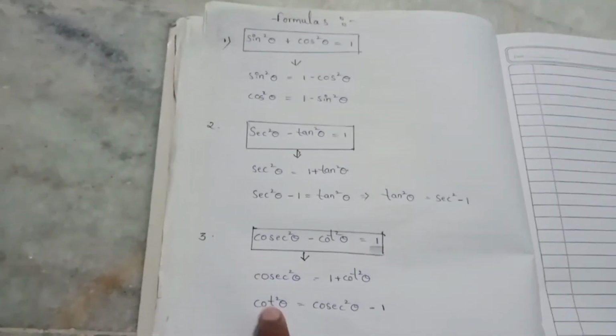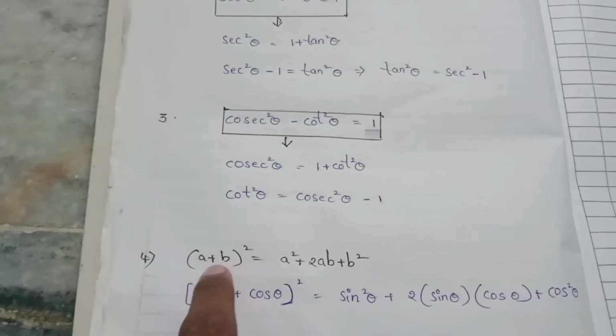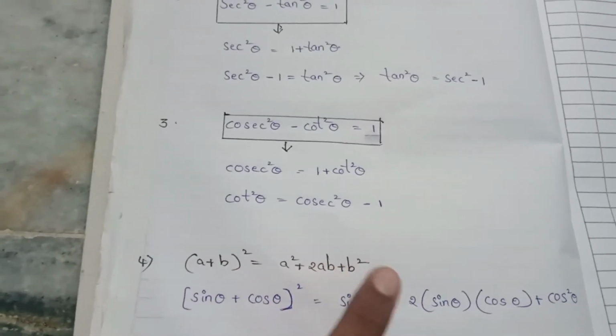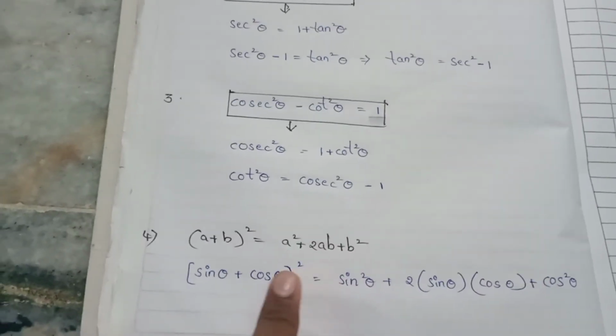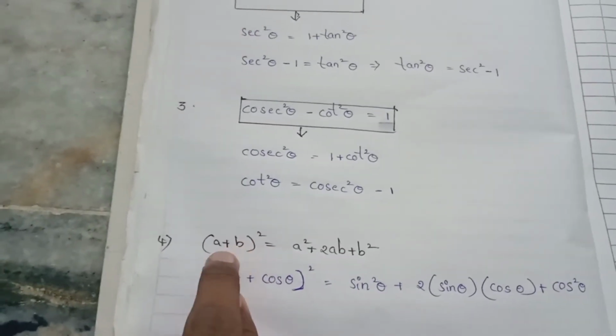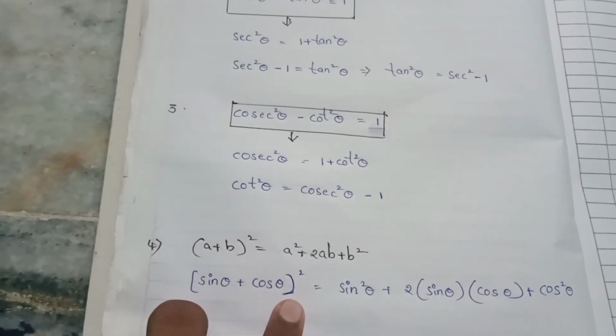Next, one more formula is left here. You know that (a plus b) whole square is equal to a square plus 2ab plus b square. You learned this in previous classes. Let us take a as sin theta and b as cos theta.